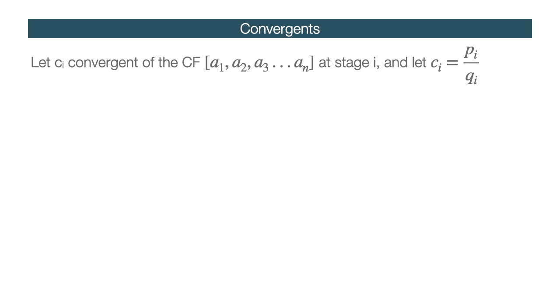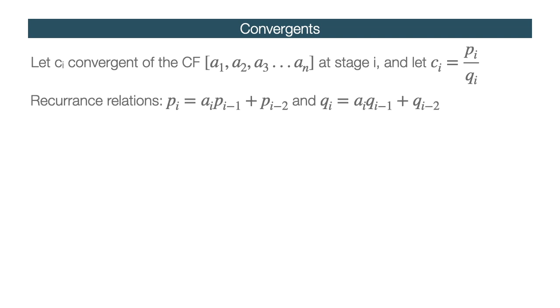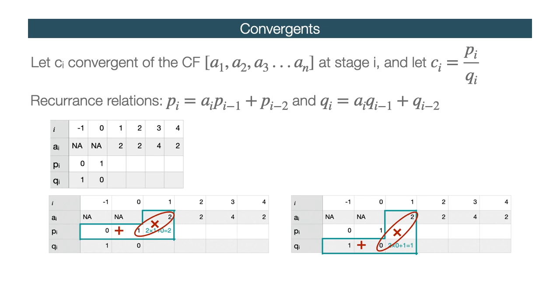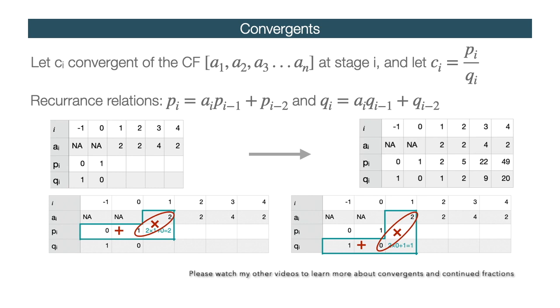If we let Ci be the convergent of the continued fraction a1, a2, a3, at stage i, and let Ci be equal to pi over qi, so we split the numerator and the denominator, then we have these two recurrence relations, and therefore once we define the minus first and zeroth pi and qi, we can just calculate the ith p and q by using this table here, and we will get this.